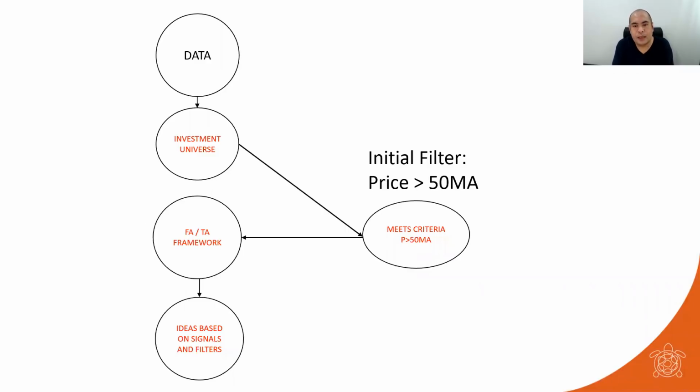For example, when your price is greater than your 50-day moving average, that already takes out a chunk of the stocks or securities in your investment universe. So you tend to prioritize those securities that are above the 50-day moving average. You then put that through your technical analysis framework, your trading system, and you try to generate buy and sell signals based on that initial filter.